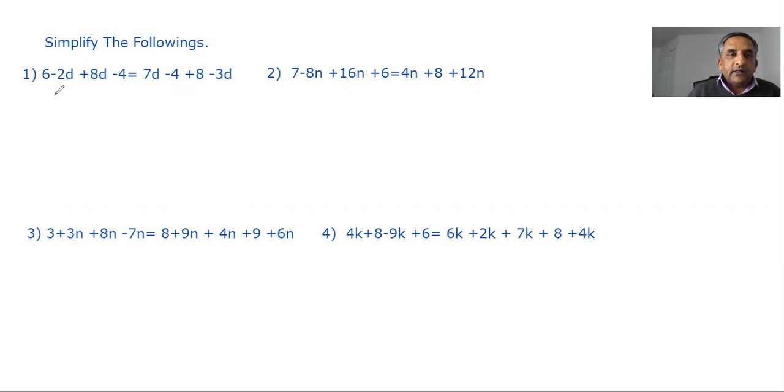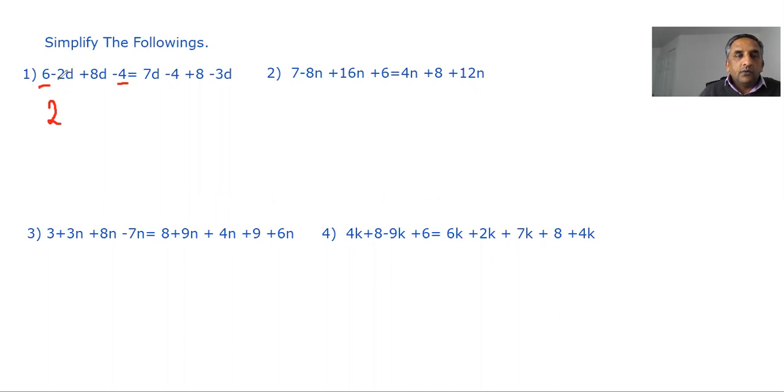For example, in the first question, as you can see, 6 and minus 4. You see, these two are only numbers. There is no letter with it. It's minus 4 and 6. So what we can do, we can work them out. Take away 4 from 6, it will be 2, right? Then can you see here, it's minus 2d and plus 8d.